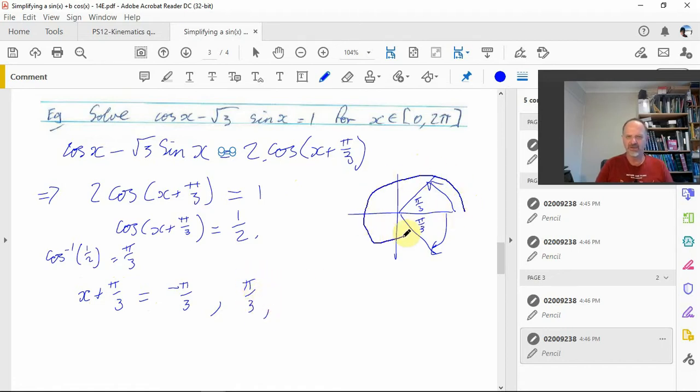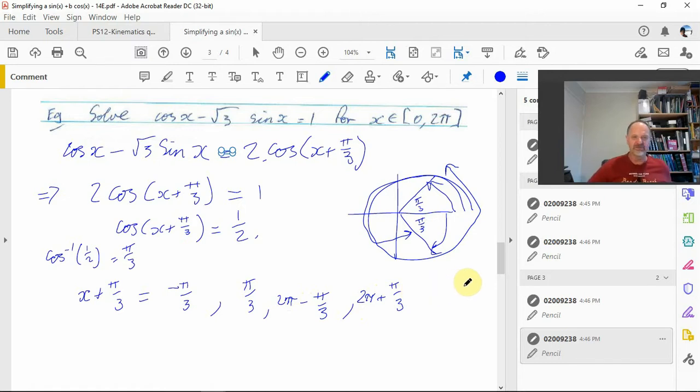We could go all the way around to there, which is 2 pi minus pi on 3. We can go around there, 2 pi plus pi on 3, like so, and get that.